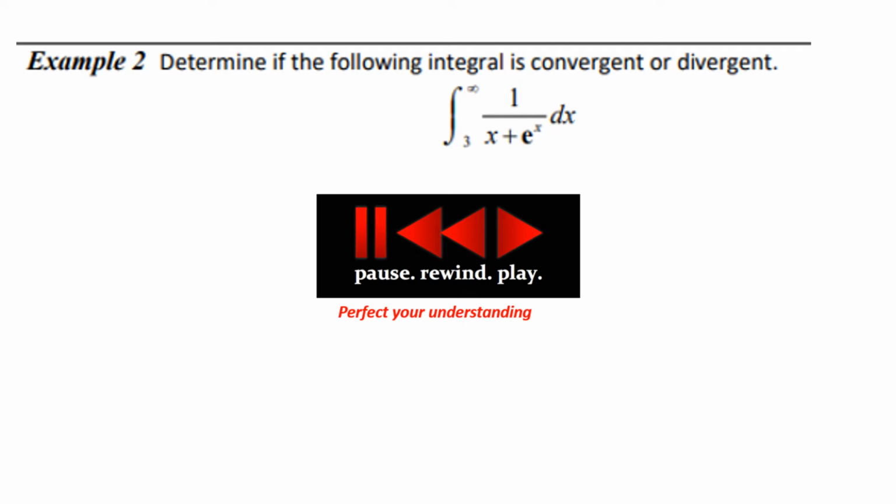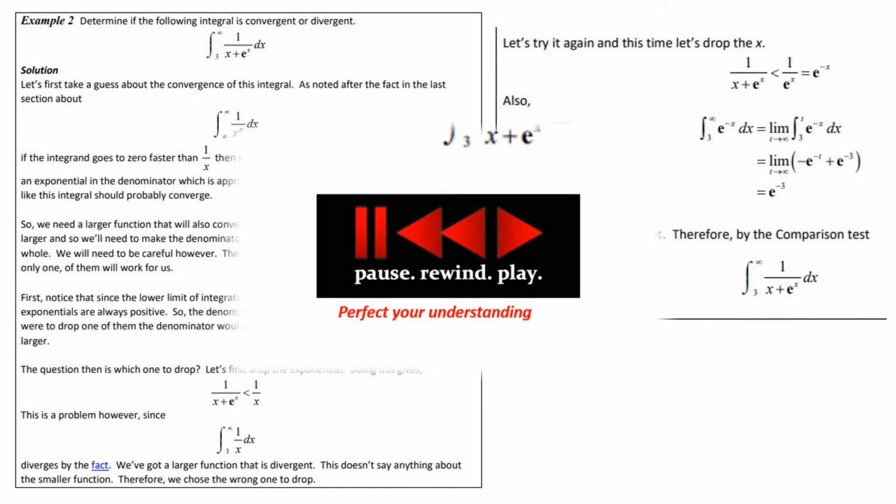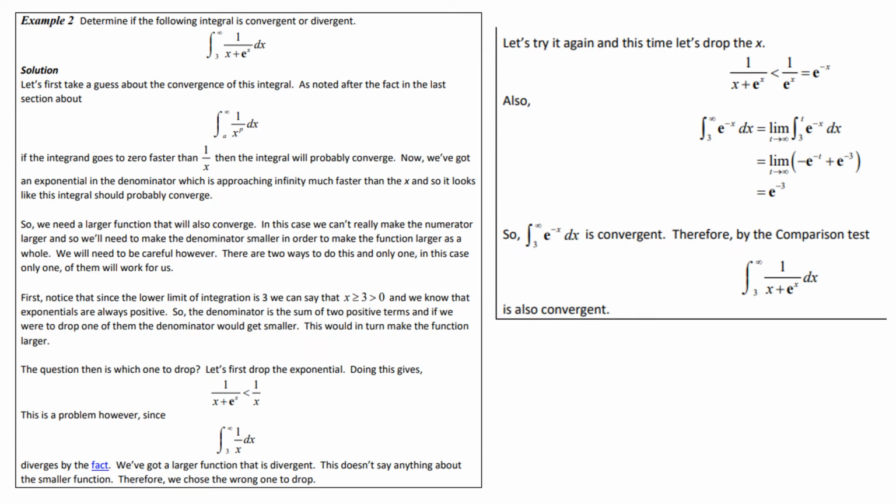Let's see how you did. Let's start here then. Now, 1 over x plus e to the x. Now, e to the x is positive, so 1 over x plus e to the x is less than 1 over x.